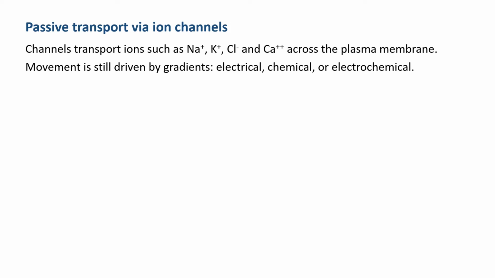Could be chemical, so it could be specific to the chemical rather than the charge, or a combination of both, an electrochemical gradient. An electrochemical gradient means that both the electrical gradient and the chemical gradient are both moving in the same direction.